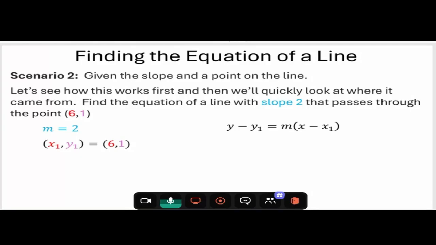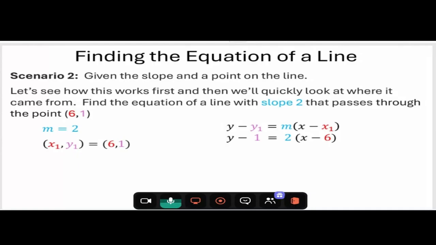I can use my special little shortcut equation. And we're simply going to put all those numbers in, right? There's the color coding matching. So I put the 1 in for y1, the 6 in for x1, and the 2 in for m, like so. And if you want to get really technical, that is the equation of this line.